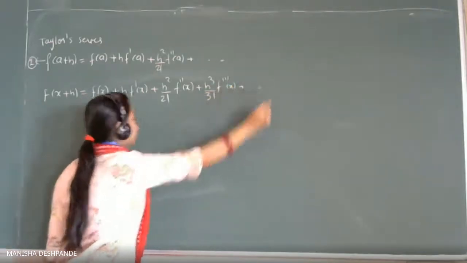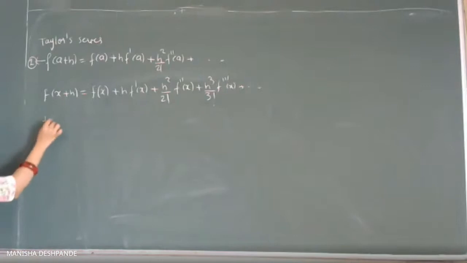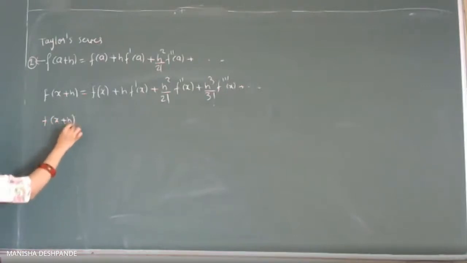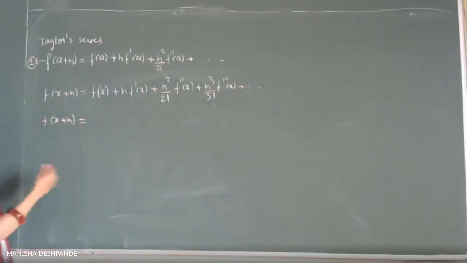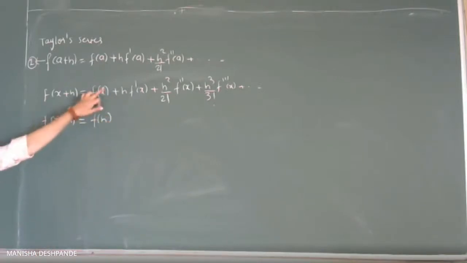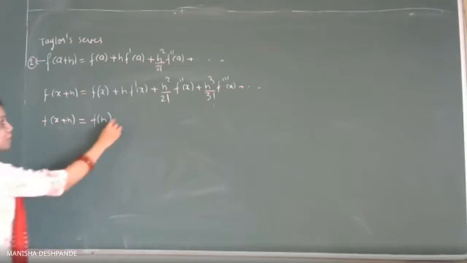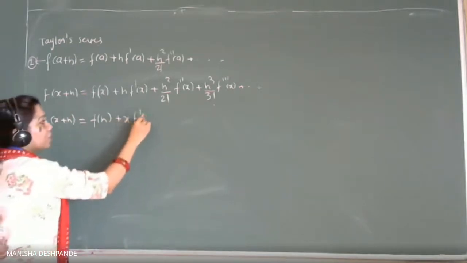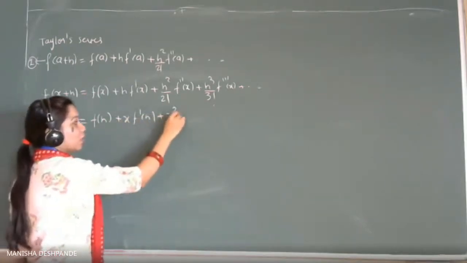Then f(x + h) in powers of x. In powers of x. So we interchange the roles of x and h. X and h. So f(h + x) = f(h) + x f'(h) + x squared by 2 factorial f''(h) + ... Very good. Okay.